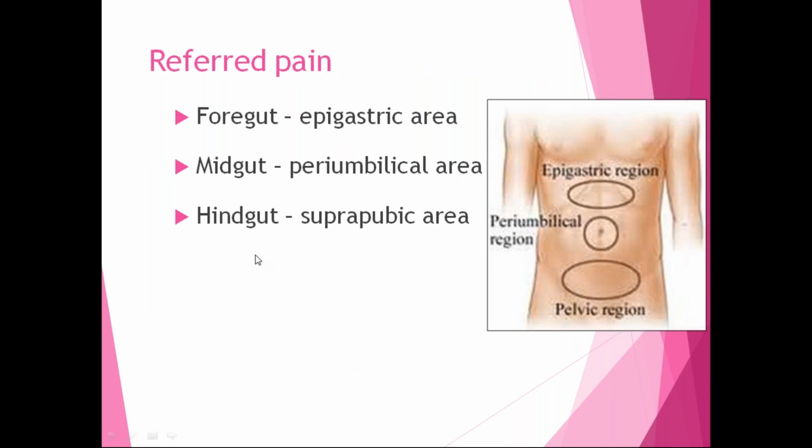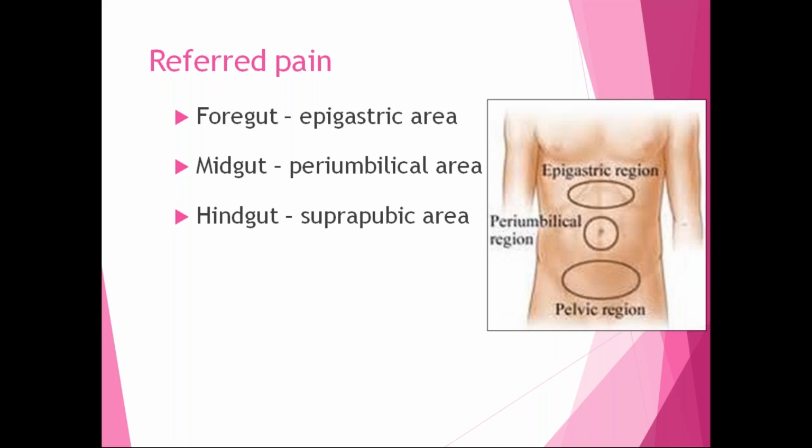Okay. And if you see the referred pain, the foregut will be in the epigastric area, the midgut will be in the periumbilical area, and the hindgut will be in the suprapubic area. So where will you get the referred pain of appendicitis? The appendix is a derivative of the midgut. So where will you get the pain of appendicitis? Periumbilical area.